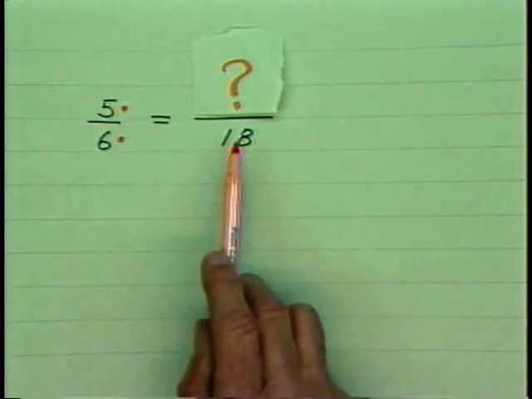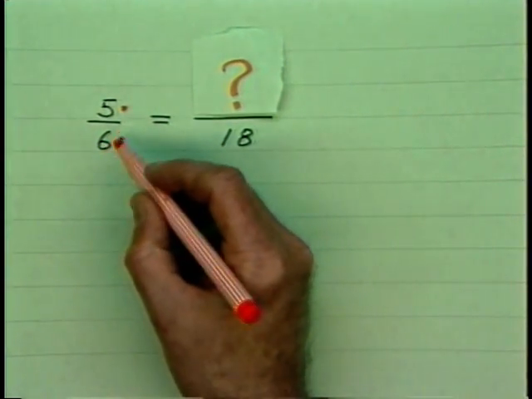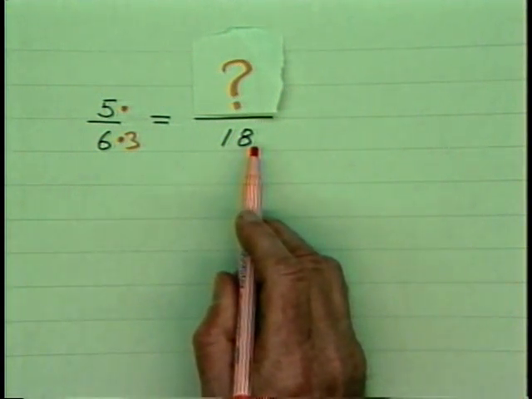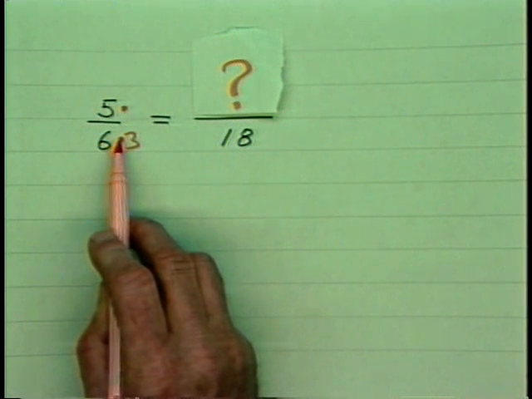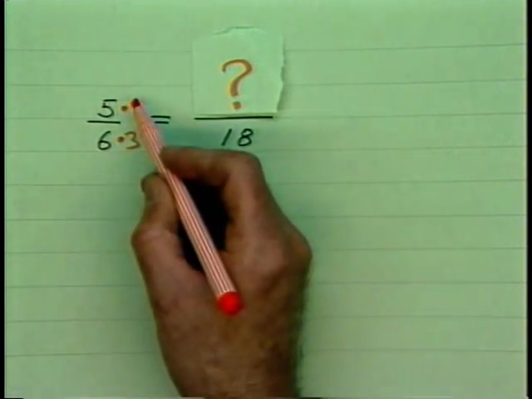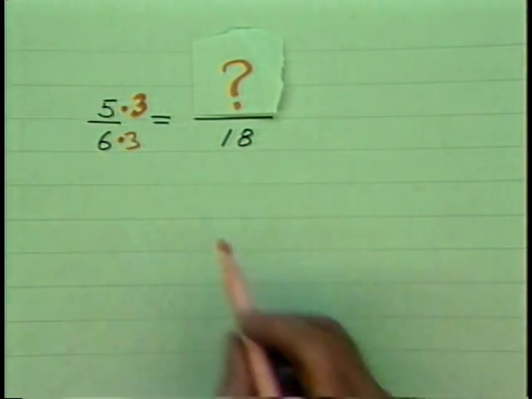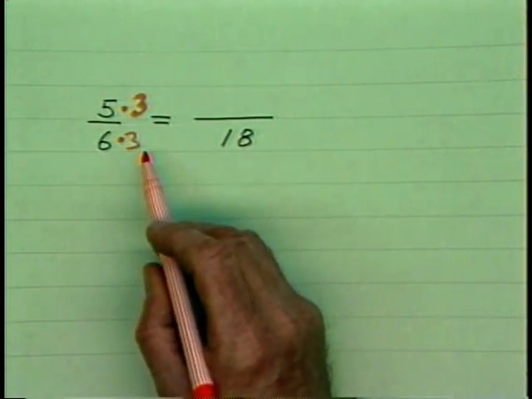Divide this into this, that's 3 times, and that tells me I'd have to multiply this by 3 to change it into this. But the fraction building law says, fine, multiply by anything you want, providing you multiply the top by the same amount. And that's a very important proviso. They must be the same amount.